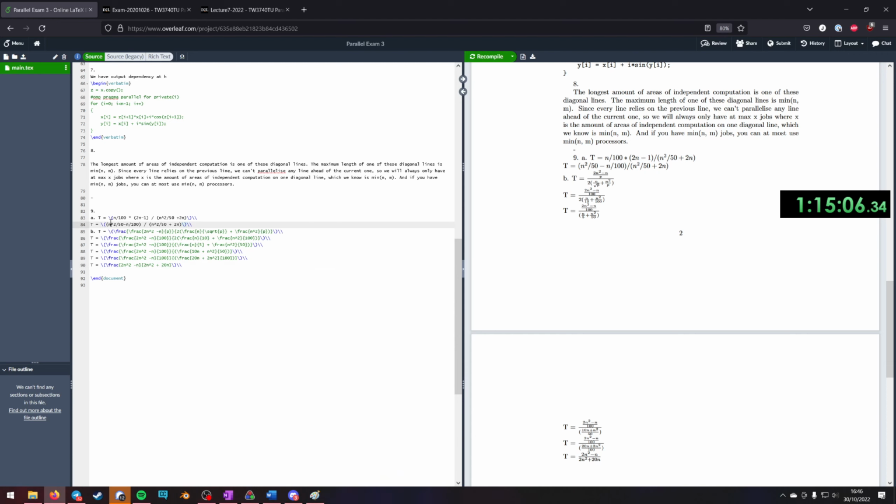Since I have to compare them, I'll also rewrite this to be proper. Frac n 100 over frac n squared 50 plus 2n, and this entire thing goes in a fraction.